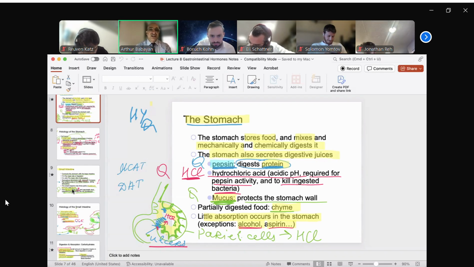pepsin, which digests proteins. Pepsin digests protein: MCAT exam, DAT exam question, mandatory to know. Hydrochloric acid provides the acidic pH required for pepsin activity and kills ingested bacteria.